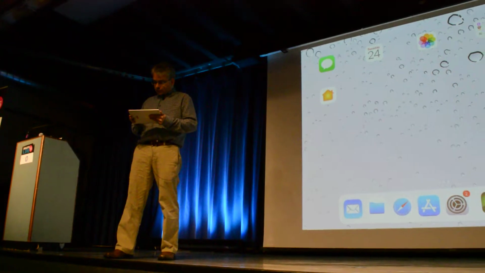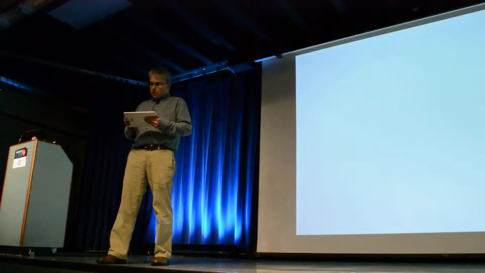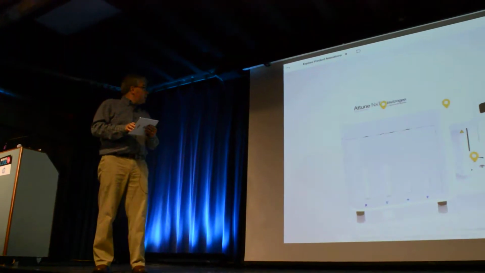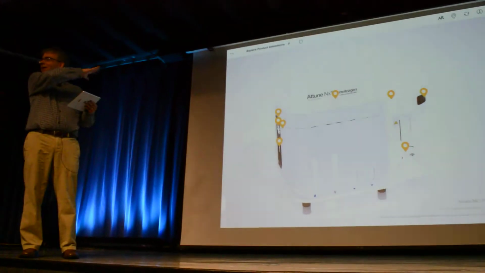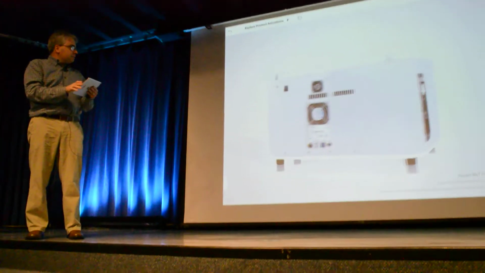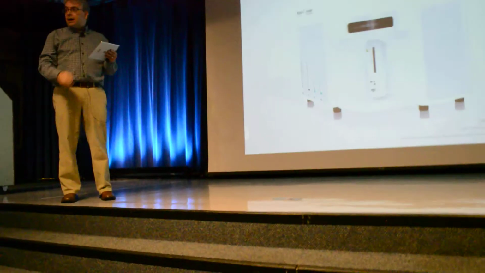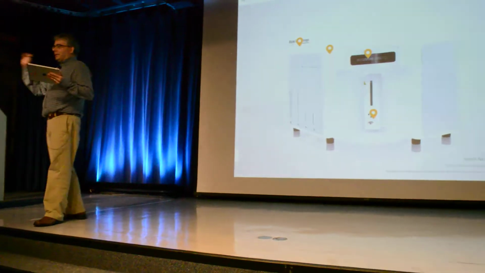So let me show you an example. This is brand new. Because of the color, you can't quite see where the background ends and the product begins. But here's a 3D product model. This was not made in SolidWorks. This was not made in CATIA.